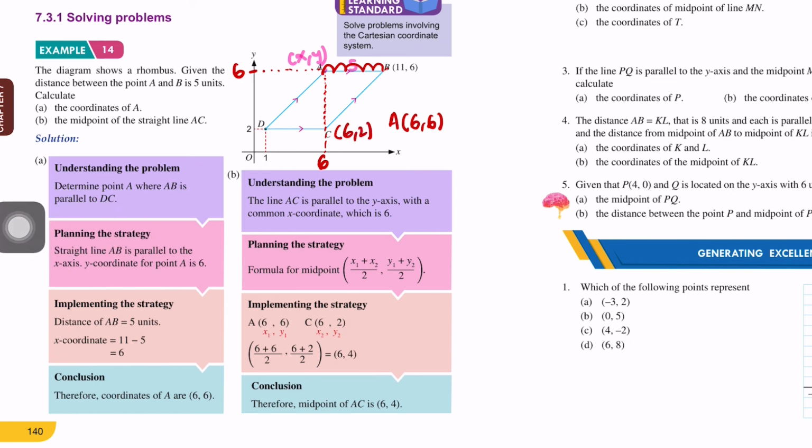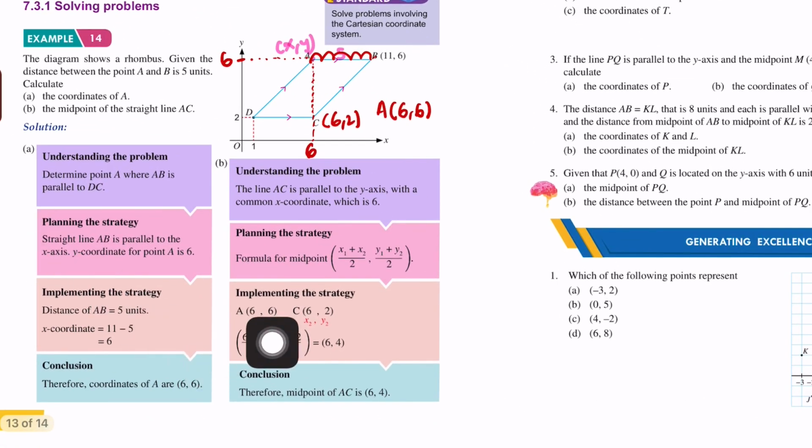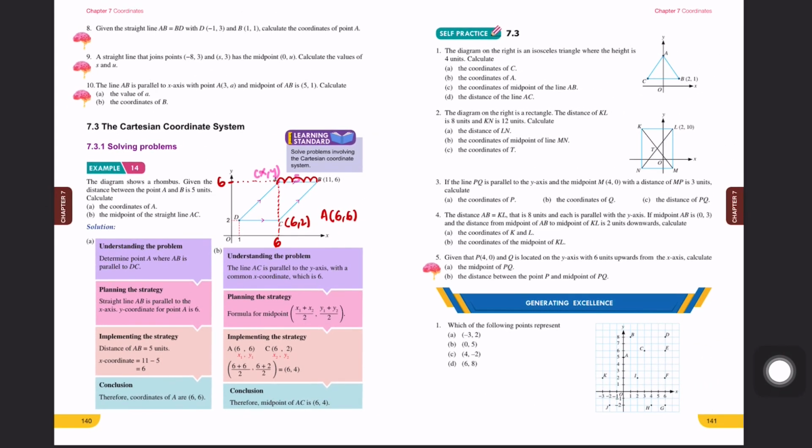Point A is 6, 6. Point C is 6, 2. So nak cari midpoint, masukkan dalam rumus yang kita dah belajar tadi. 6 plus 6 divided by 2, 6 plus 2 divided by 2. Dapatlah 6, 4. Therefore midpoint of AC is 6, 4. Macam tu sahaja, tak susah.